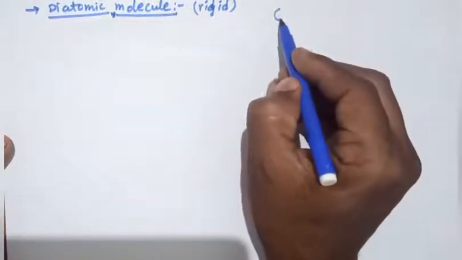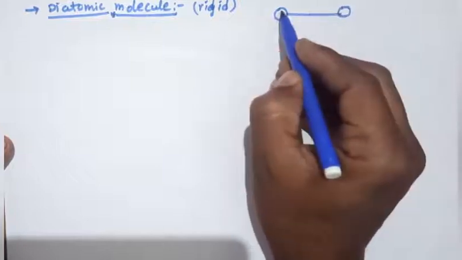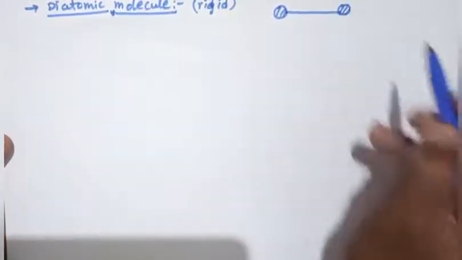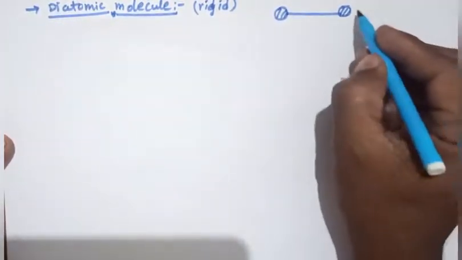The diatomic molecule shape is a dumbbell shape, like this.